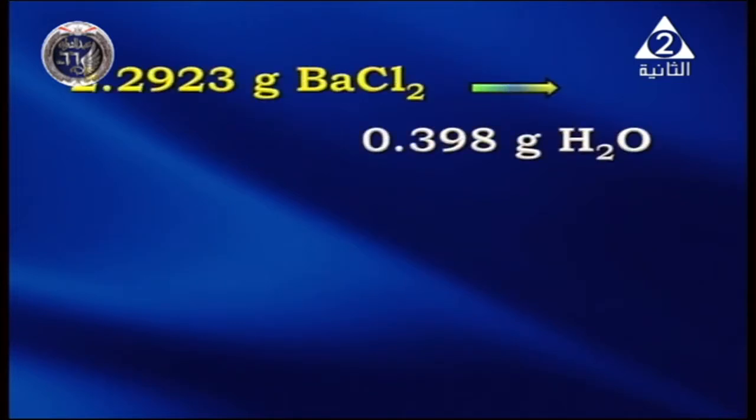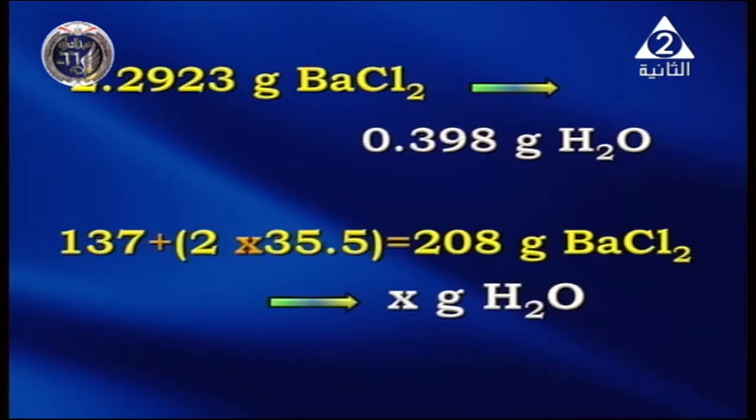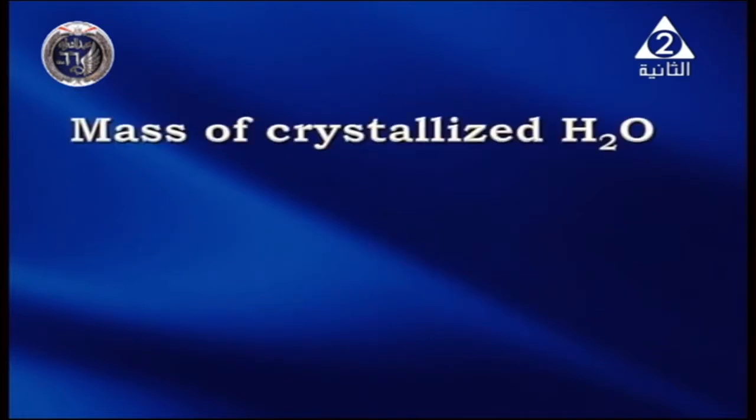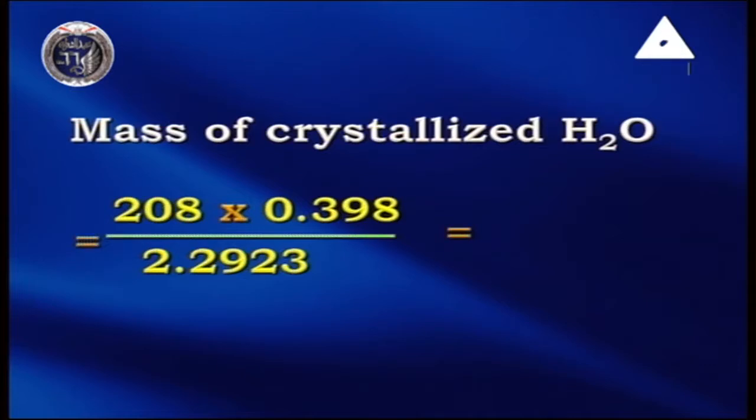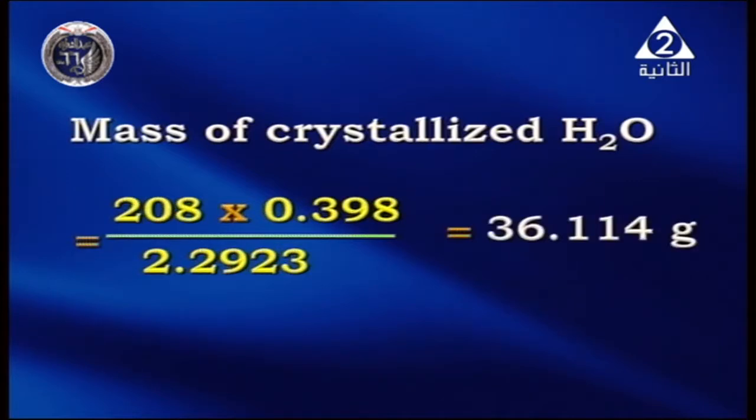Now 2.2923 gram of barium chloride gives 0.398 gram water. So 137 plus 2 times 35.5 equals 208 gram barium chloride gives X gram water. So the mass of crystallized water equals 208 times 0.398 over 2.2923 equals 36.114 gram.